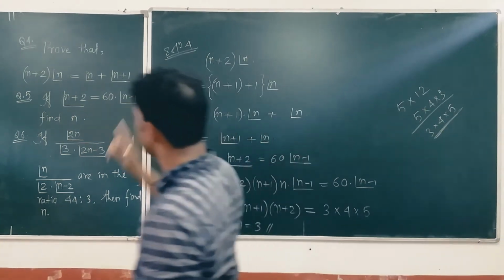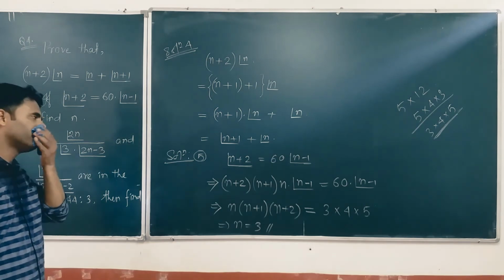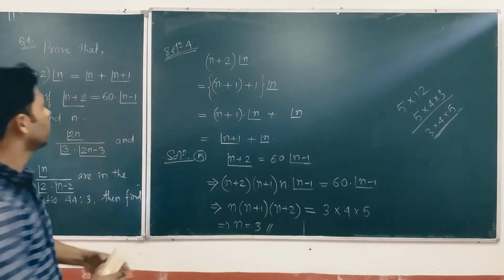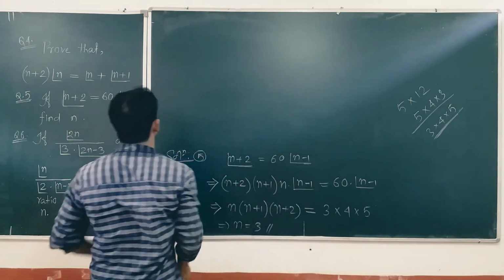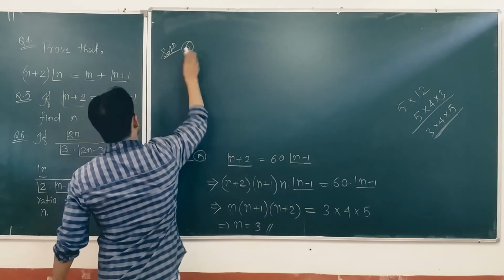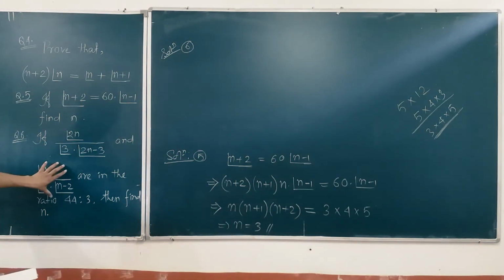Okay, so next you take question number 6. Solution number 6. In the question it is given that this and this ratio is equal to 44:3. Very simple.